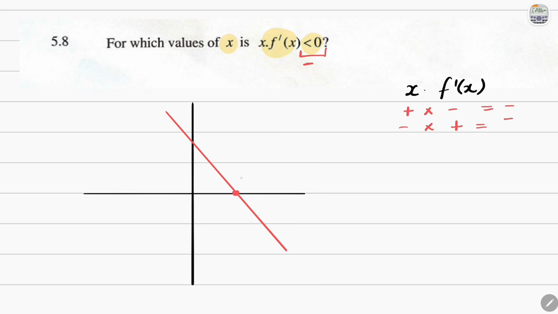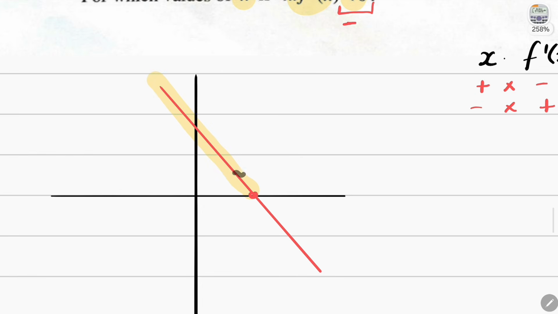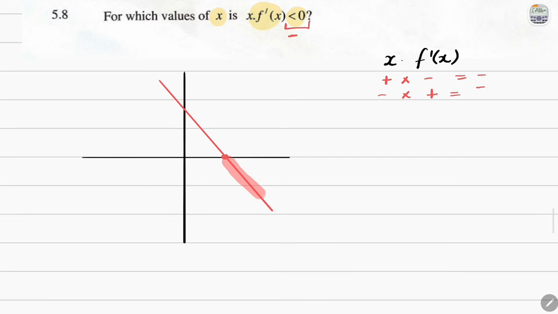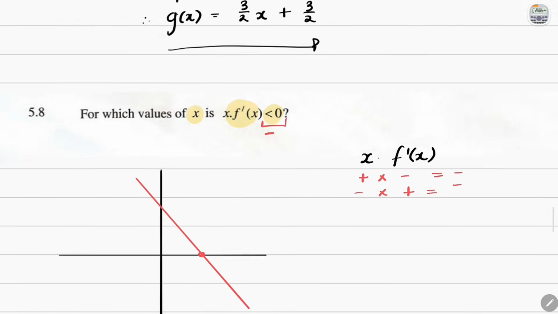You see that for all these values over here, it has positive y values. If you line these individual points to the y-axis, they all have positive y values. And if you line these ones to the y-axis, they all have negative y values. This is why the x-intercept of the derivative of f is going to be very important here. So let's find that first.